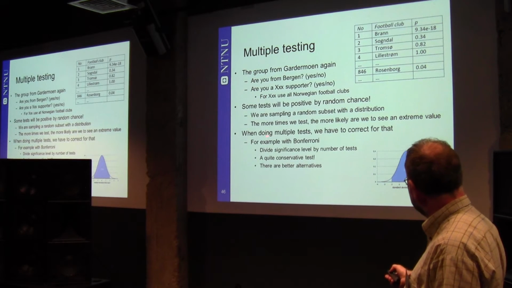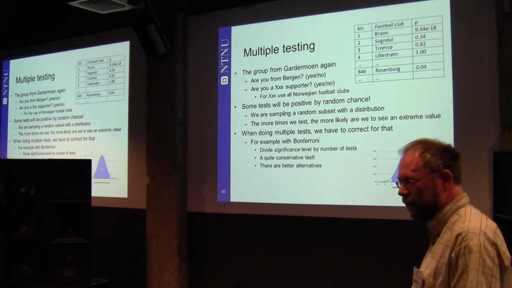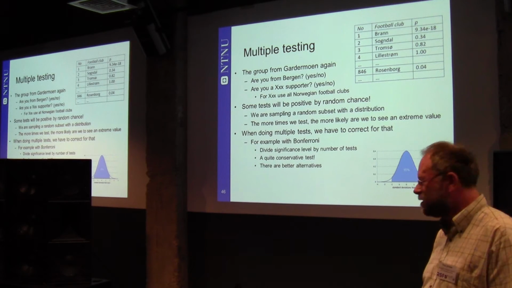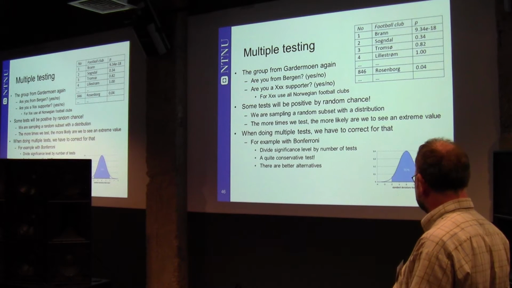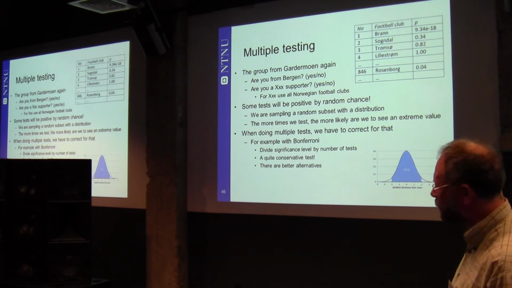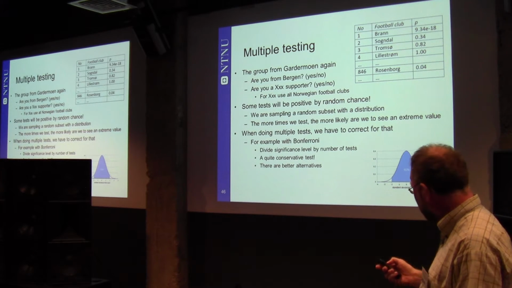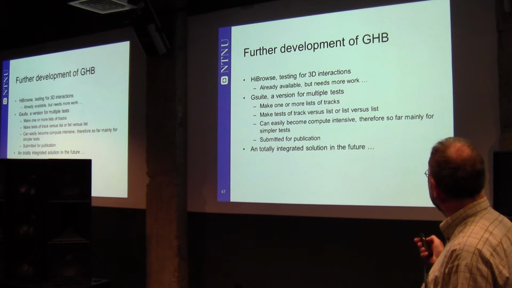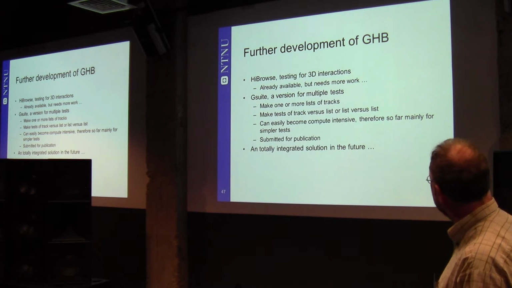So when doing multiple tests, you have to correct for it. For example, with Bonferroni, which is not the best one, but this is the simplest one. We just divide the significance level by the number of tests. It's very conservative, so there are better alternatives. But the important thing is that you have to do something like that. And the reason for mentioning it is that there is some further development in the Genomic HyperBrowser.